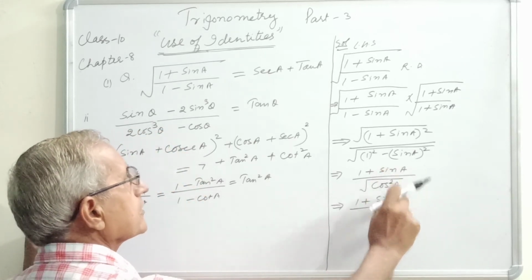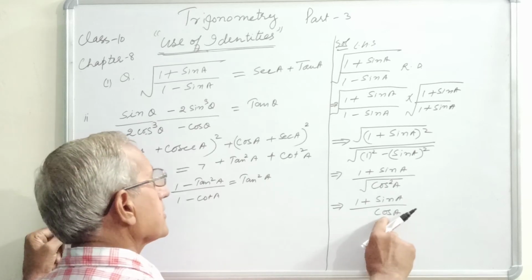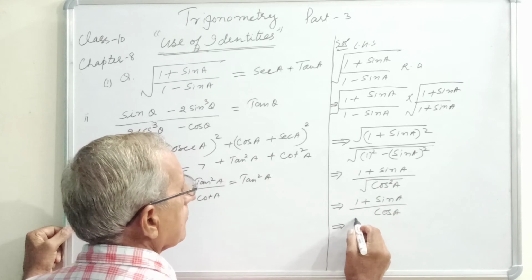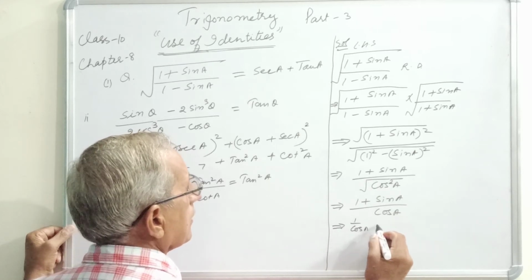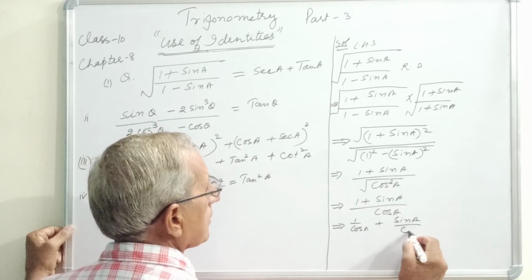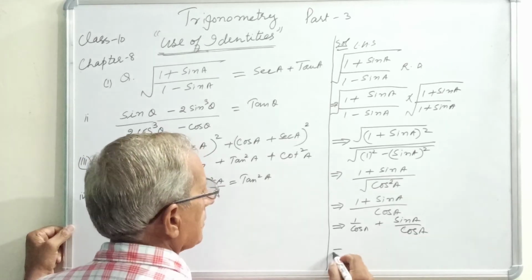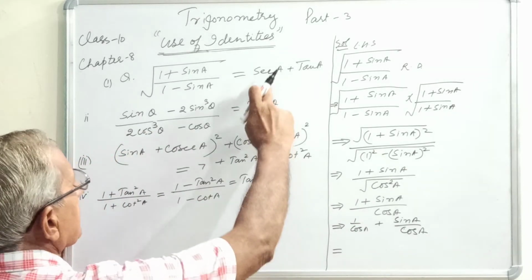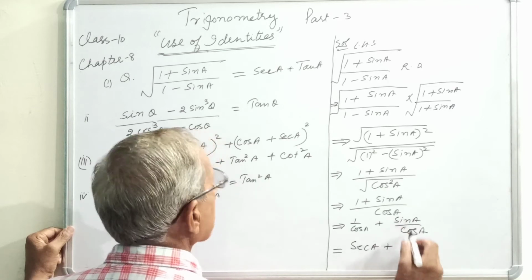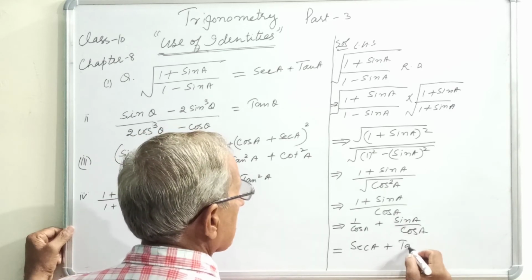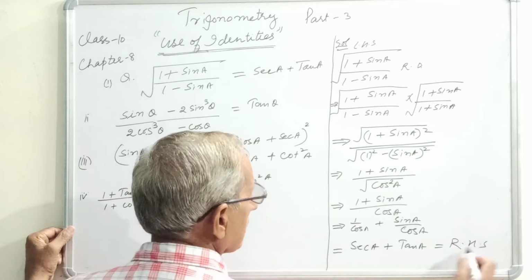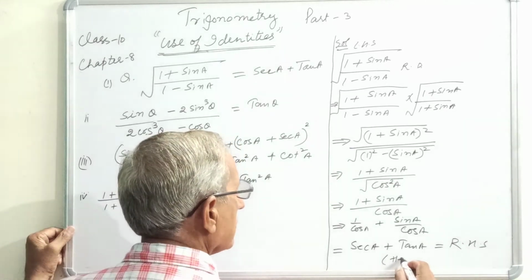So power 2 with under root has cancelled, so it has become cos A. Splitting the two terms, 1 upon cos A plus sin A upon cos A. So 1 upon cos A has become secant A, and sin A upon cos A, that is the tangent A, equal to right hand side, hence proved.